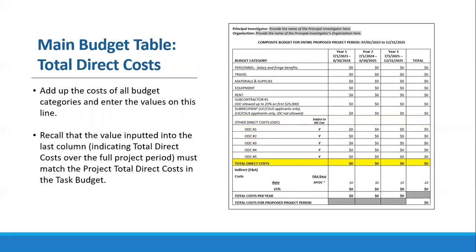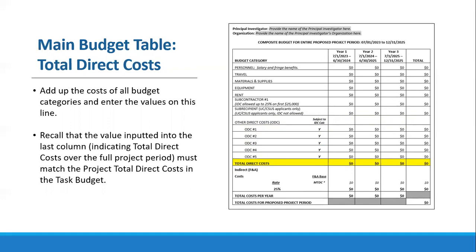Thanks. Yep. So then we move on to the summary line for these direct costs. So add up all the costs in the budget table for each year vertically and enter the values on this line. And remember from the start of the talk that these direct costs will then have a modified total direct cost calculated off of them.